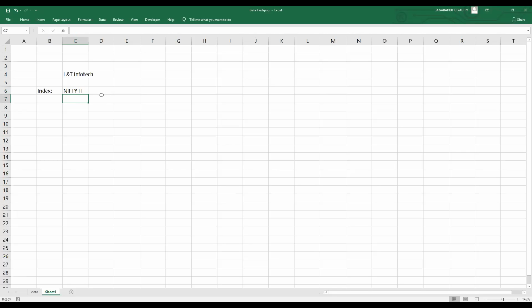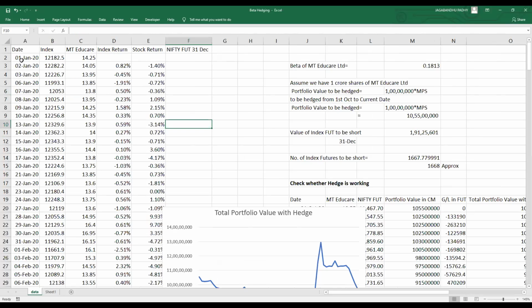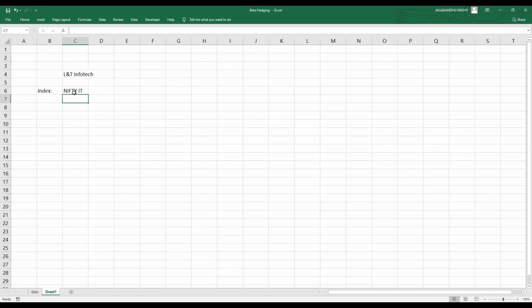In the same way, take the full data as we did here, right from 1st Jan till current date. Take all the prices, then take the historical data of the Nifty IT index, and the L&T Infotech data in the same way. Then try to hedge it from 1st October till now, and try to establish whether that is really helping us to hedge our portfolio.